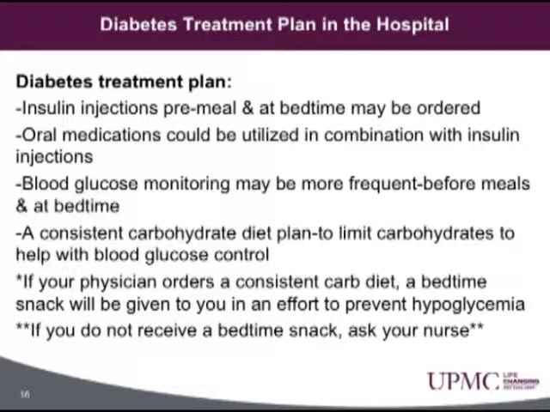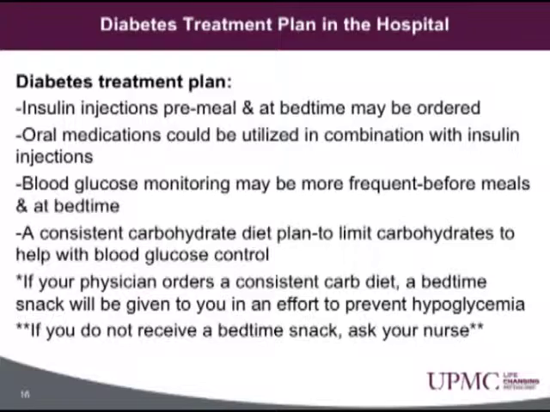The consistent carbohydrate diet plan helps to control the blood sugar, because we limit the number of carbs that you have at your meal, which affects the blood sugar level. We know when we eat carbohydrates that does make the blood sugar go up. So with a consistent carbohydrate diet plan, we can limit carbs at breakfast, lunch, and dinner, and that can help us with blood sugar control.